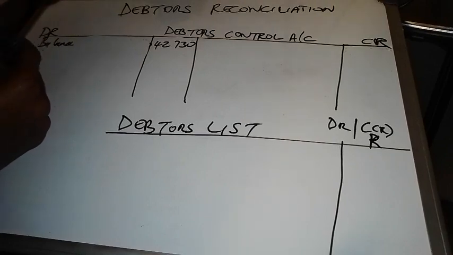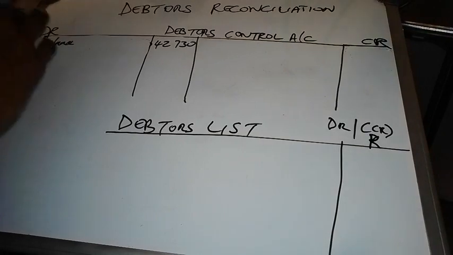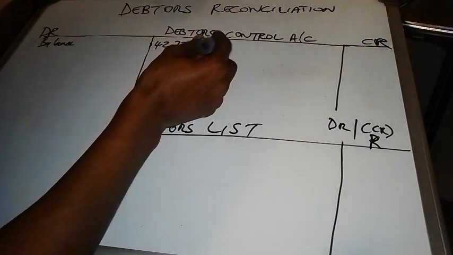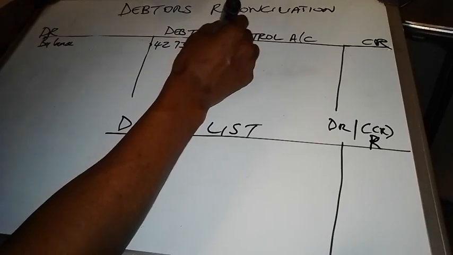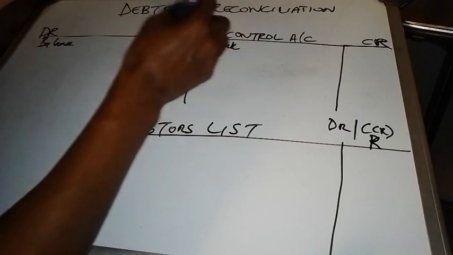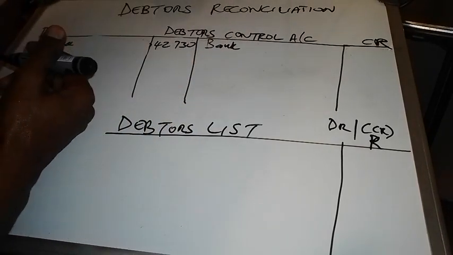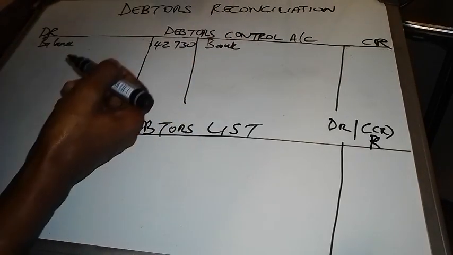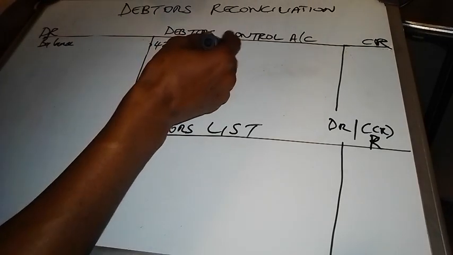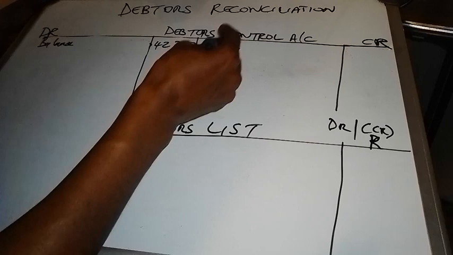Now we're going to go to the credit side. We credit bank because it is the total of debtors column, right? Which means it is the money that was received from debtors, and therefore debtors control is decreasing on the credit side.